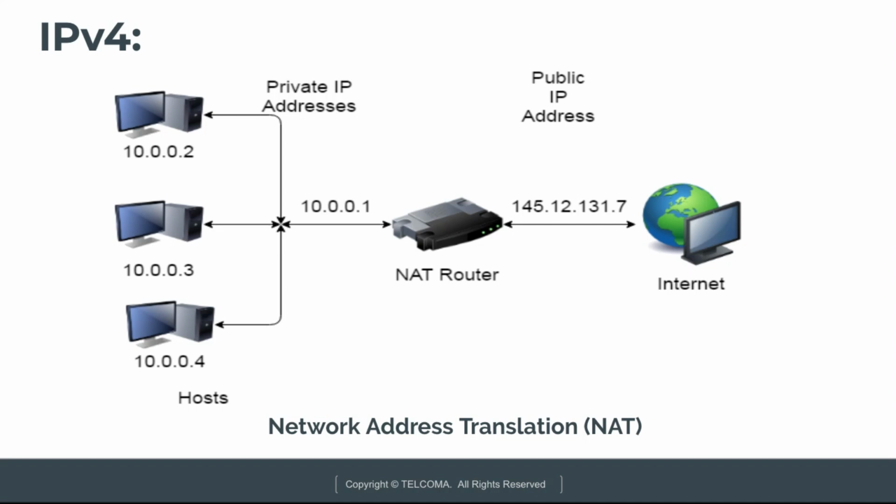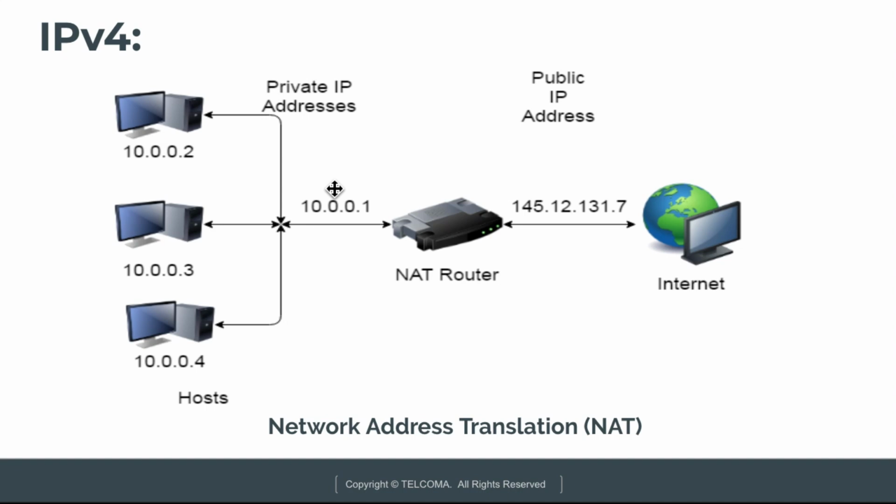Here I have designed a network with three computers having class A addresses, that is 10.0.0.2, 10.0.0.3 and 10.0.0.4, and this is a NAT router having two ports. To one interface we have given the address 10.0.0.1, and to another interface we have given 145.12.131.7. These are the private IP addresses, whereas this is a public IP address.